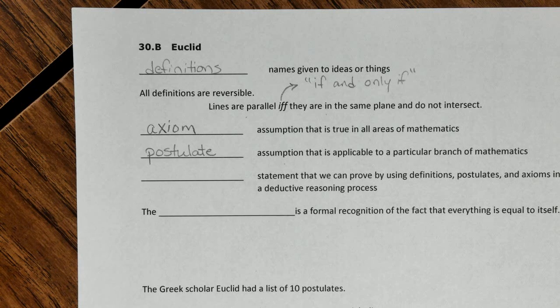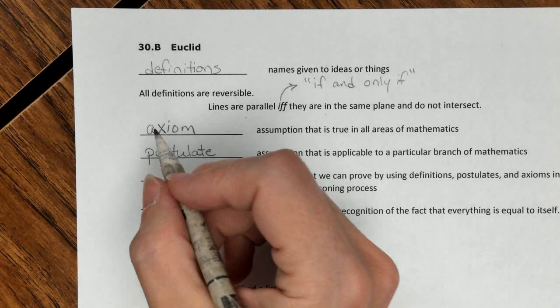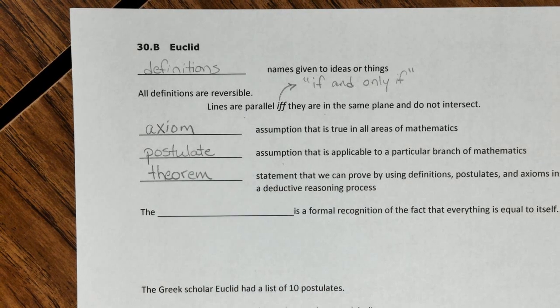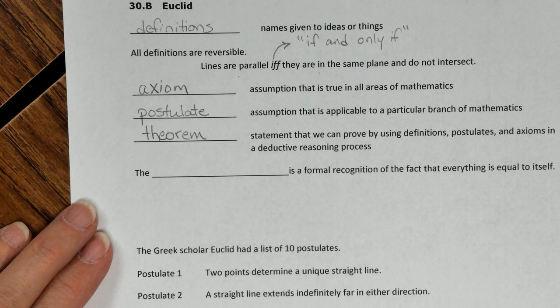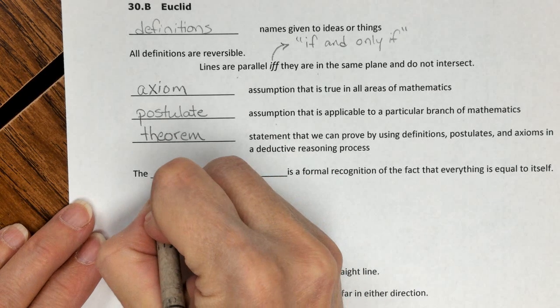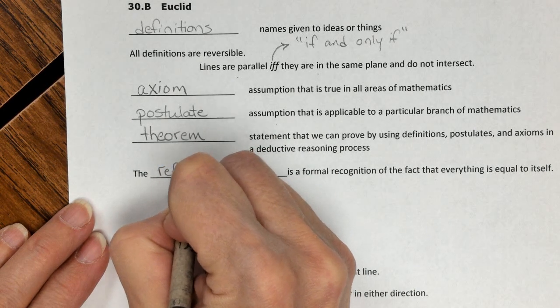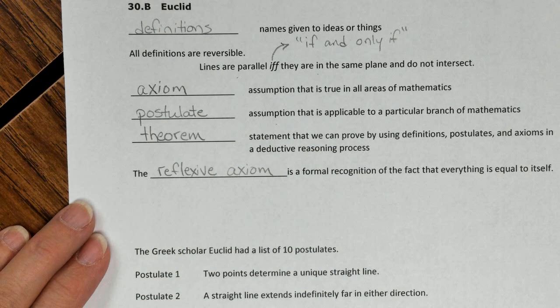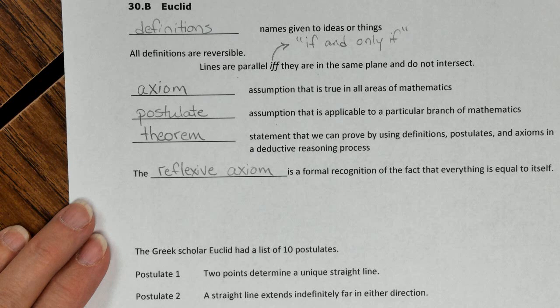A statement that we can prove by using definitions, postulates, and axioms in a deductive reasoning process, that is a theorem, not a theory. A theorem can be proven. Okay. And this is used a lot when we're proving things, the reflexive axiom, is a formal recognition of the fact that everything is equal to itself.